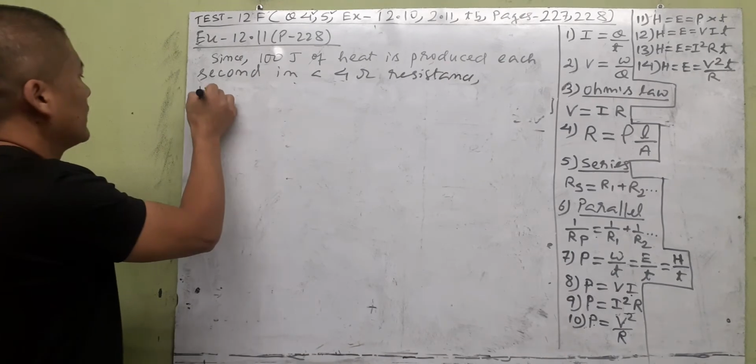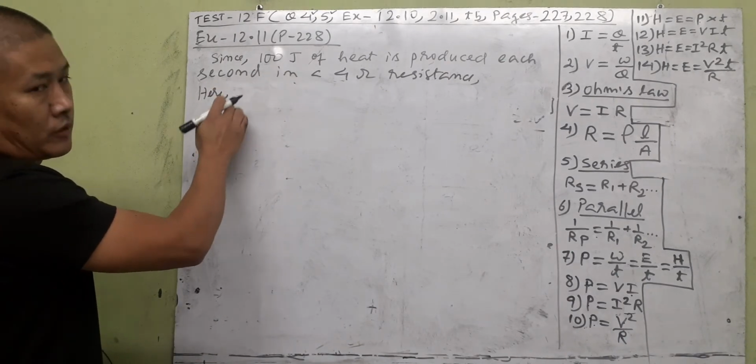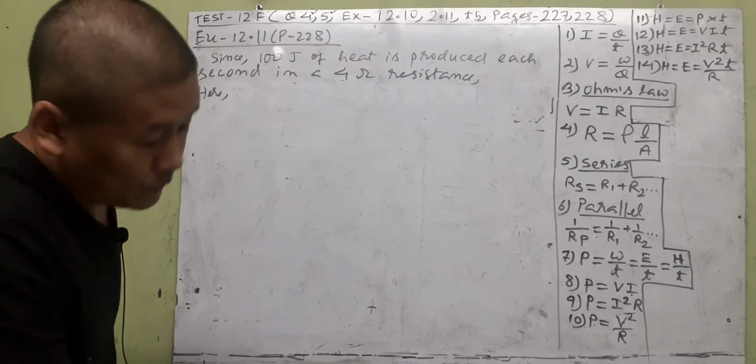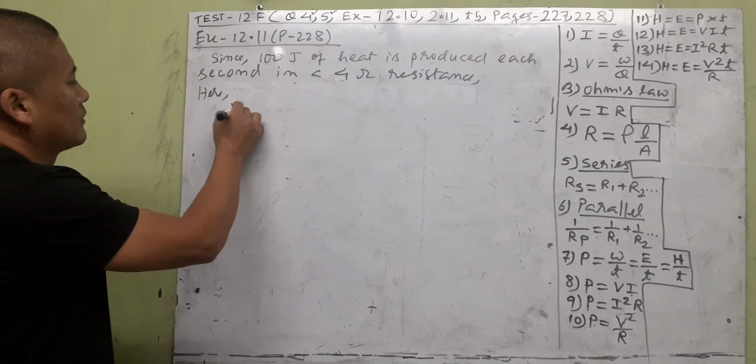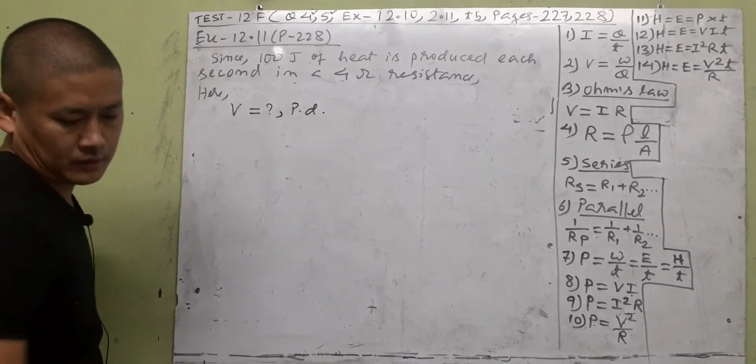So here we can clearly see by the unit, joule is the SI unit of work or energy. So they're asking us what is it? Potential difference. So potential difference is, we know, V. The question mark is the potential difference we need to find.